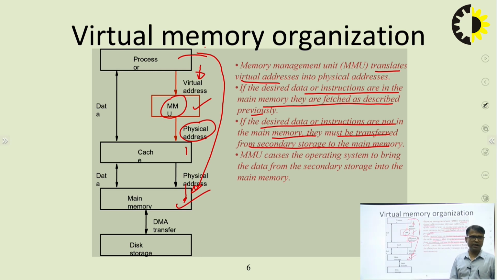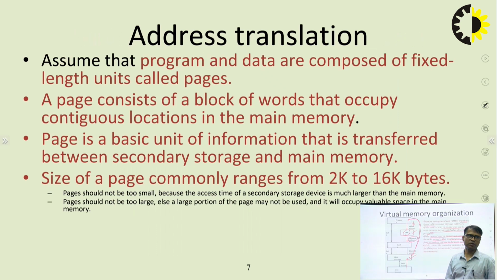It does not wait for the page to come into the main memory. While the disk data is being transferred to main memory, another process is given a chance to execute its own task. So the processor will be utilized.